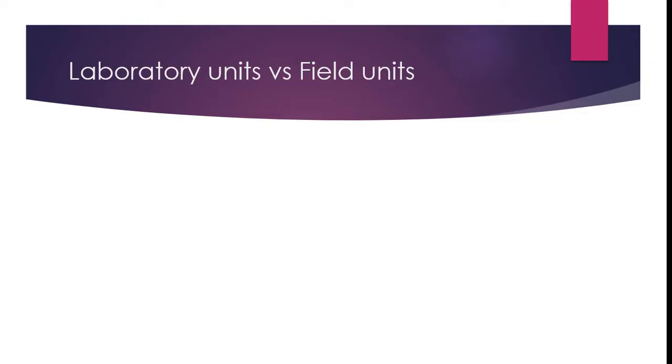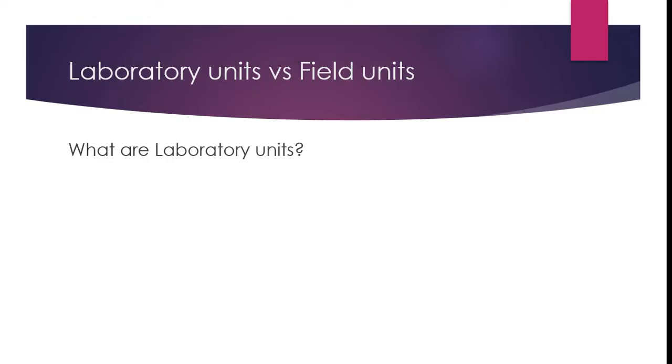So in this case, you look at two different types of units that are dealt with in soil chemistry or soil science. So what are laboratory units? Laboratory units, as the name sounds, are lab units. They are units of quantities that are measured in the laboratory.